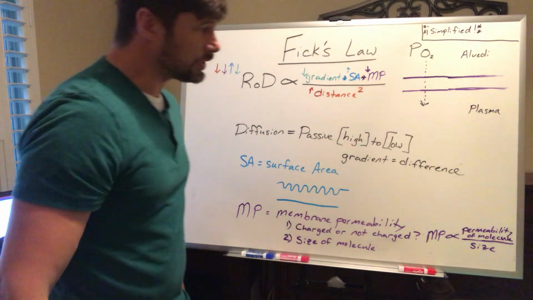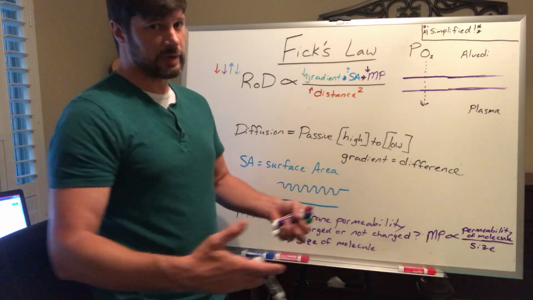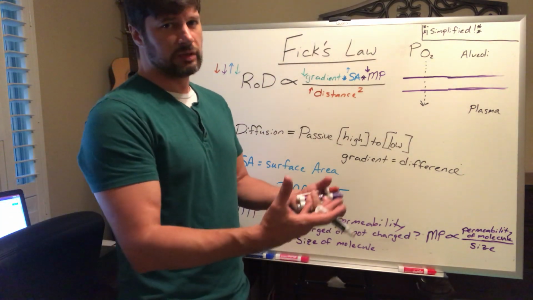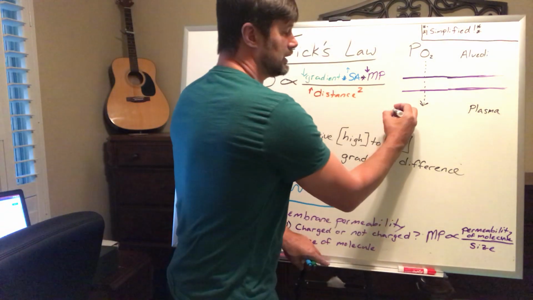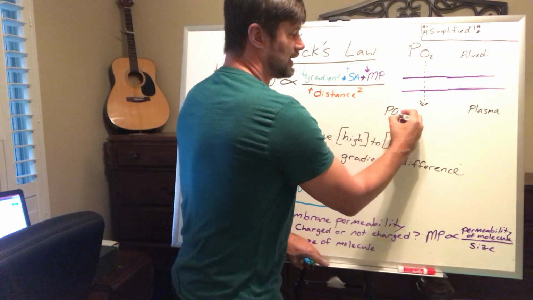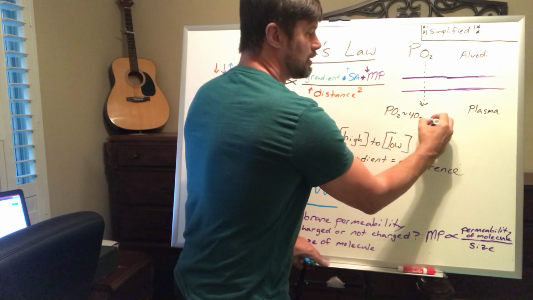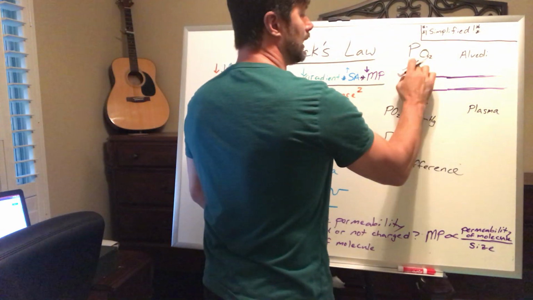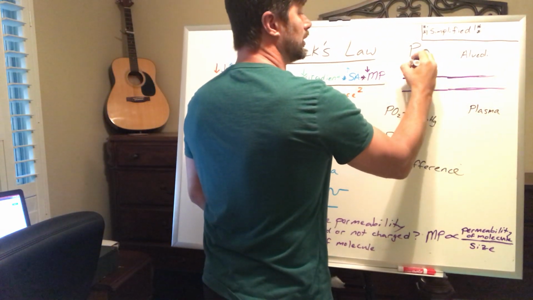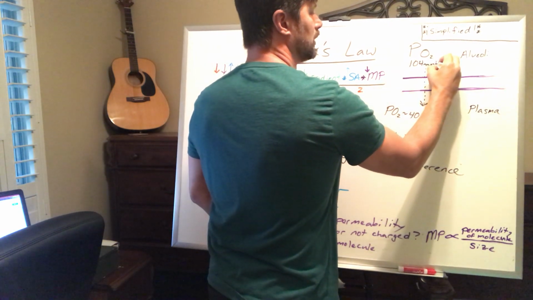In fact, the returning pulmonary arteries, bringing poorly oxygenated blood back to the lungs so it can become oxygenated, carry blood with a partial pressure of oxygen of approximately 40 millimeters of mercury. And the partial pressure of oxygen inside of our alveoli is approximately 104 millimeters of mercury.